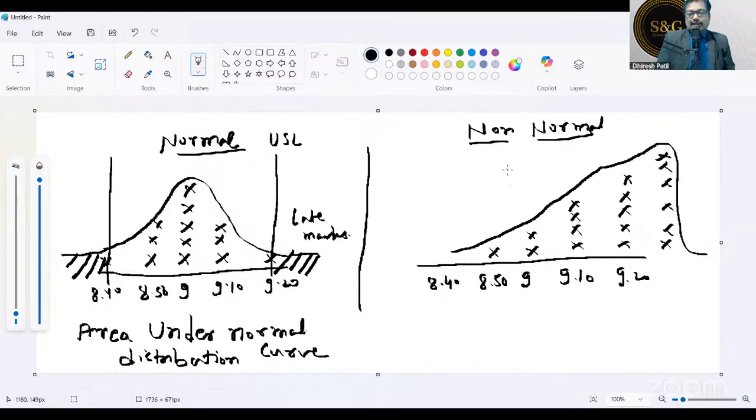Alright, and this is called a non-normal distribution or skewed distribution.